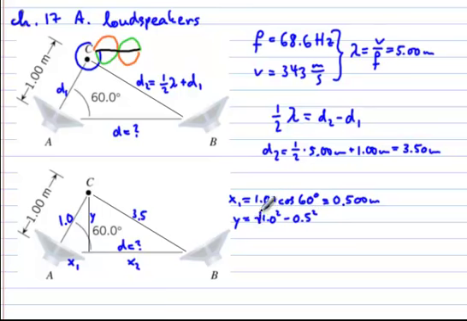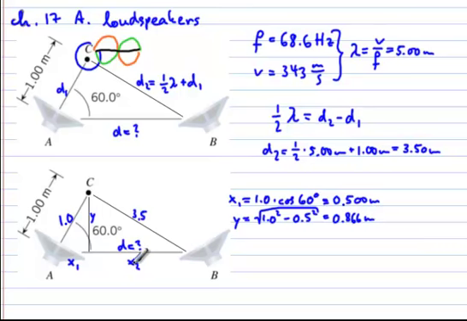Take the square root, and that comes out to the square root of 0.75, which is 0.866. That one actually I could have done with the sine. Sine of 60 degrees is also 0.866. So that's what y is.